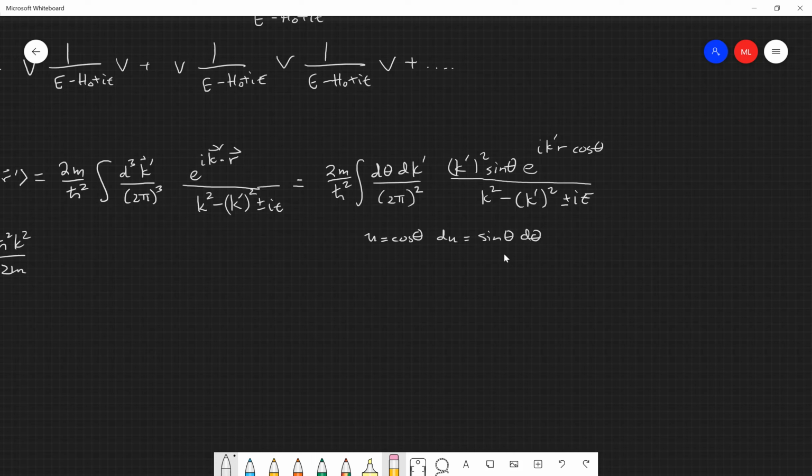That's pretty straightforward, and you just get an exponential integral, and you get m over 2 pi squared h bar squared, integral from 0 to infinity. You've got the dk prime left over, and k prime squared over k squared minus k prime squared.